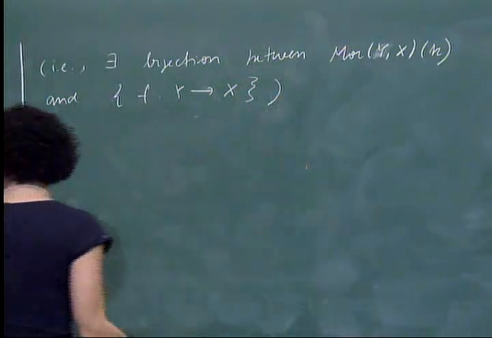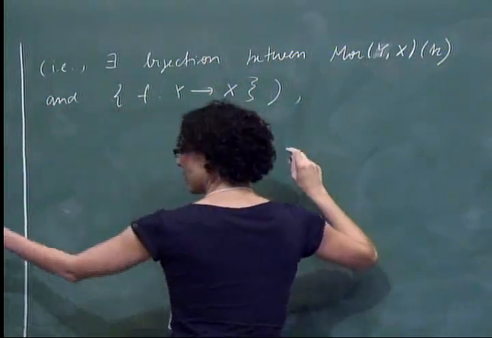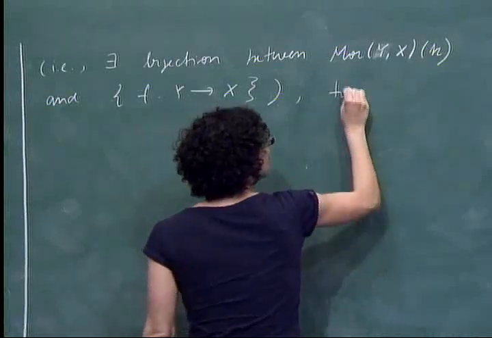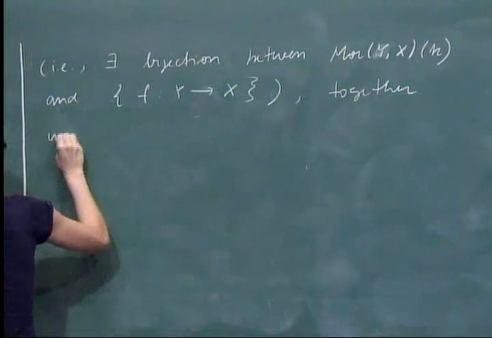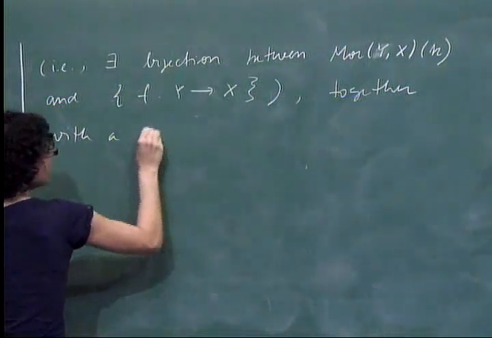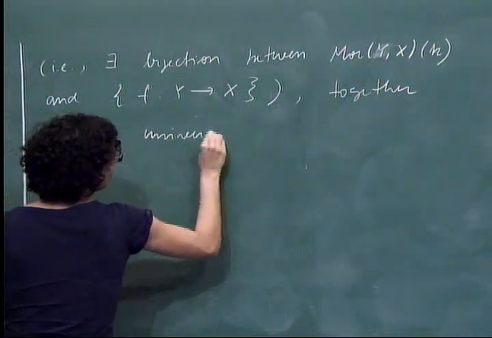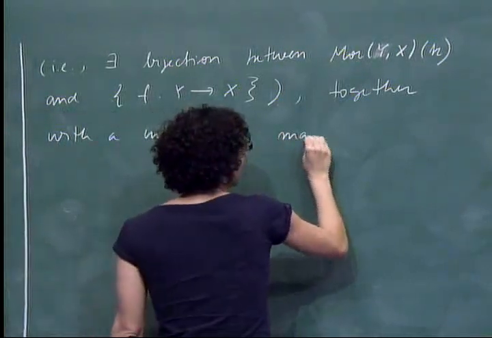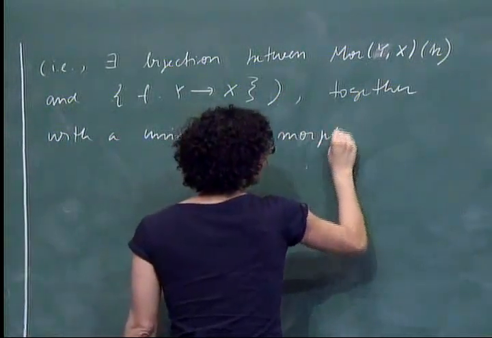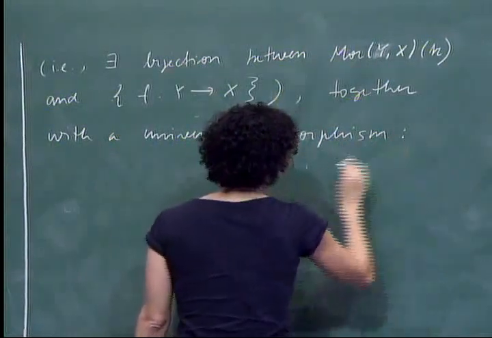And moreover, there is this K-scheme together with a universal morphism as follows.